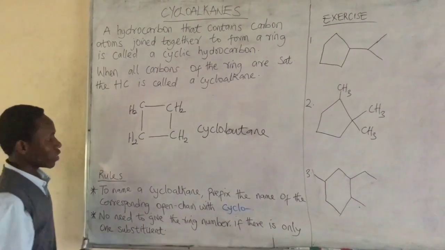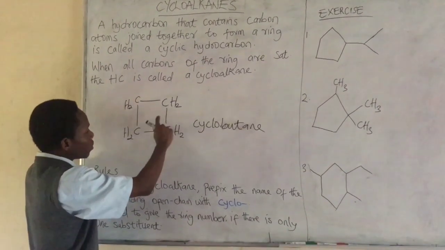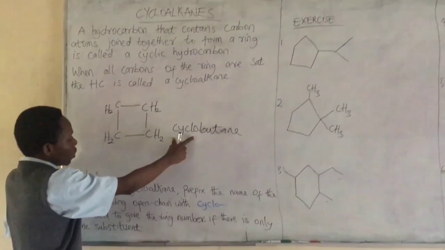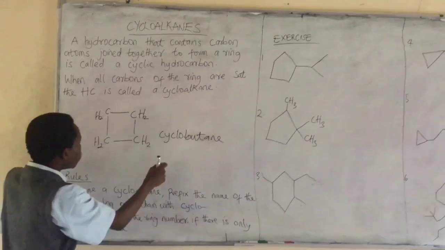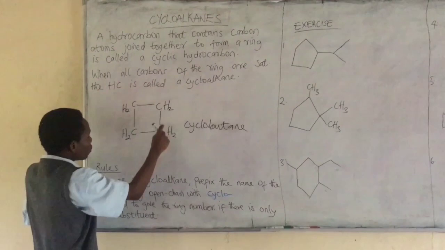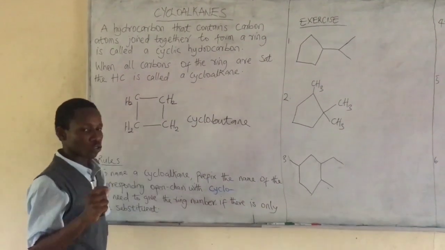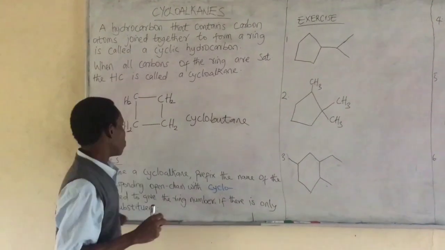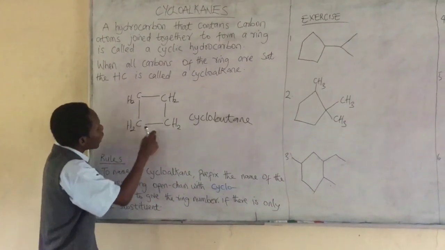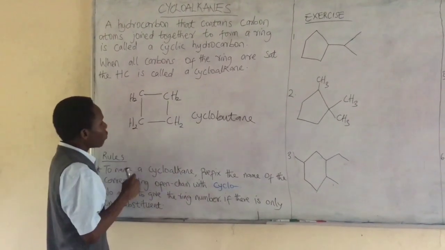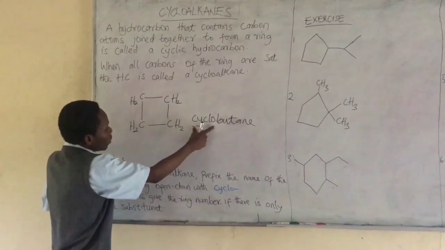Cyclo. That is what we did here. We prefix this compound, this structure, with the name what? Cyclo. We already know that this is butane. 1, 2, 3, 4. It is butane because it has what? 4 carbon. But this kind of butane is in a kind of what? Ring form.